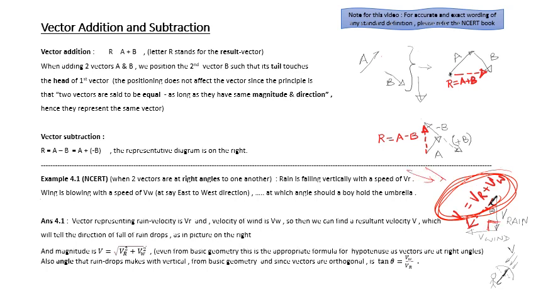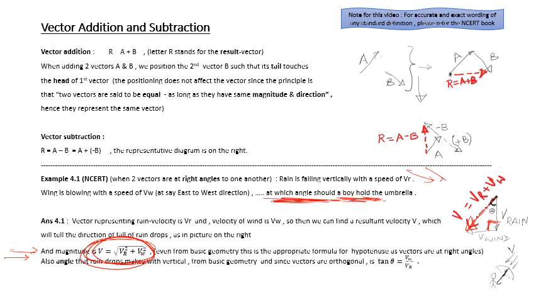So the magnitude of the rain velocity will be simply as given on the left hand side. You have to use the simple geometric formula for hypotenuse and you'll get the magnitude of the velocity of the rain as well. But of course, in this question, we don't need that. We just need the angle, because the question asked at which angle the boy should hold the umbrella. So that we found out with tan theta.